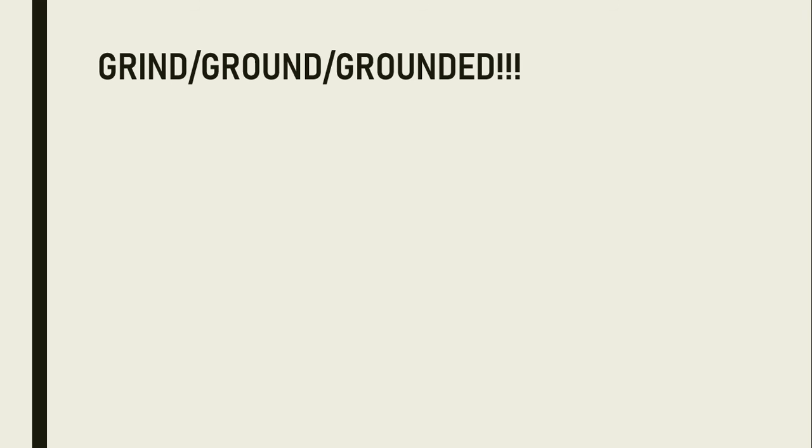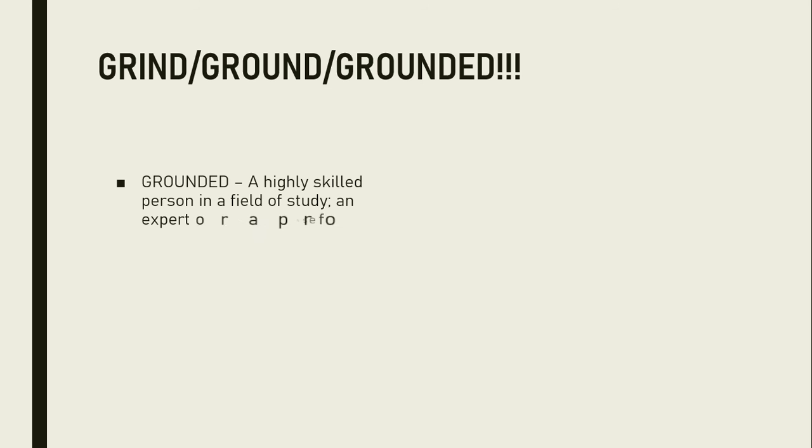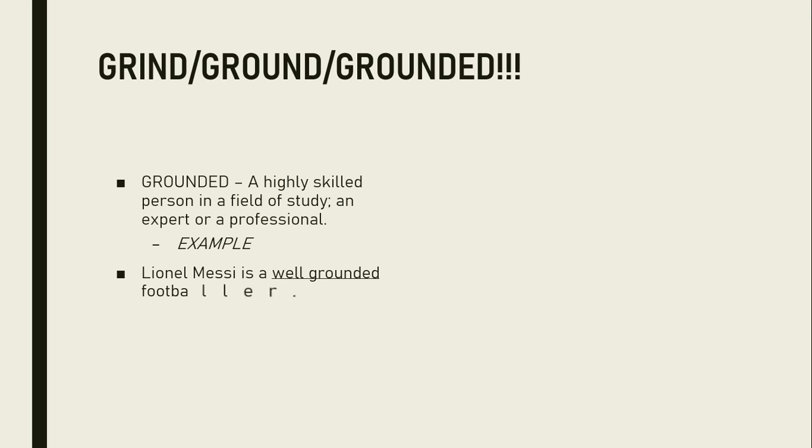Another usage of our word: grounded on its own means a highly skilled person in a field of study, or an expert or a professional. So an example could be: Lionel Messi is a well-grounded footballer. Why would I use well-grounded?